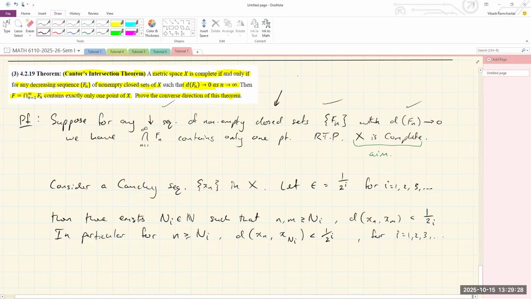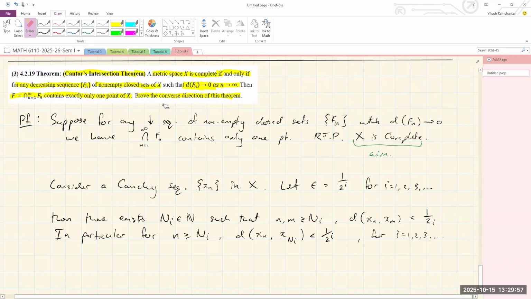Decreasing means, for example, F1 is contained in F2, and F2 is contained in F3, and so on. So they are all inside each other. If this is F1, then F2 is in here, and then F3 is in here, and so on. So they must be closed, they must be decreasing, and their diameters must all be going to 0.